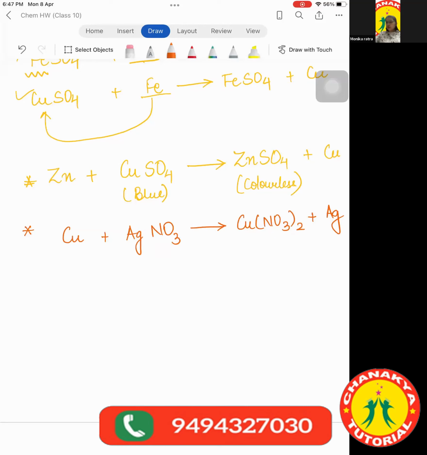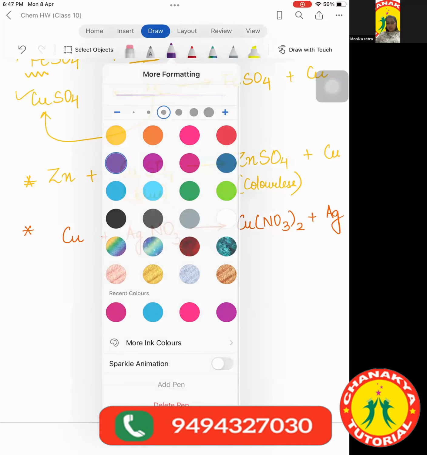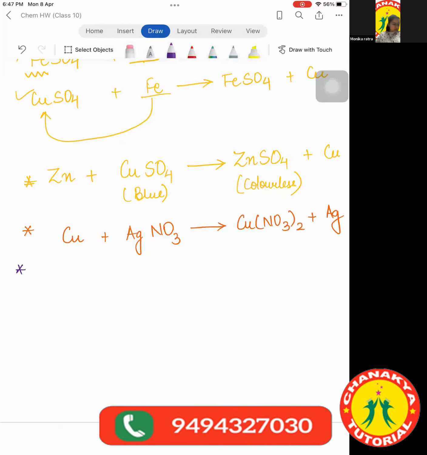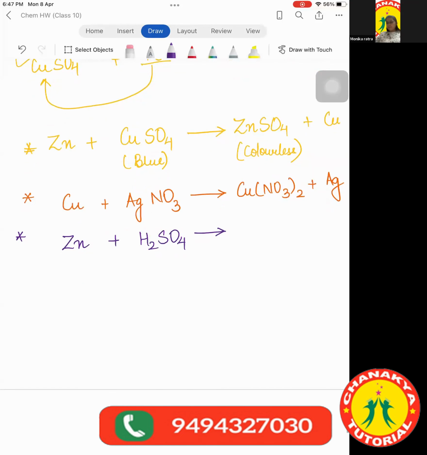Tell me about this reaction, if this is going to occur or not. Abhigya, tell me. No, ma'am. No reaction will occur.